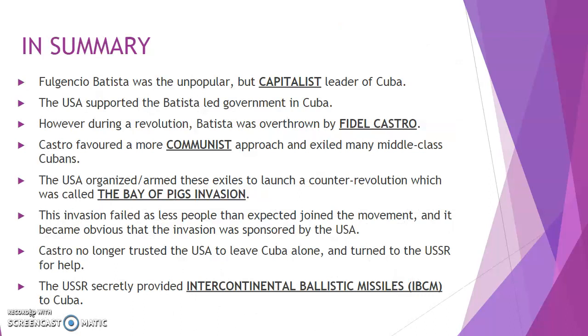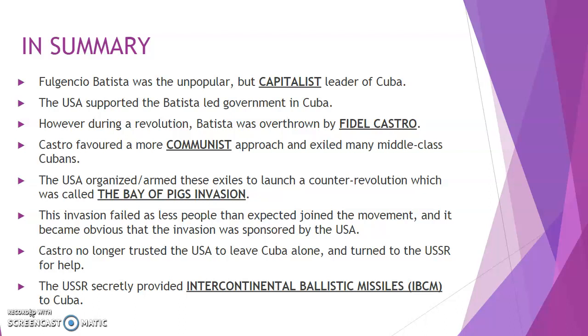So in summary, Fulgencio Batista was the unpopular but capitalist leader of Cuba. The USA supported the Batista-led government in Cuba. However, during a revolution, Batista was overthrown by Fidel Castro. Castro favored a more communist approach and exiled many middle-class Cubans.